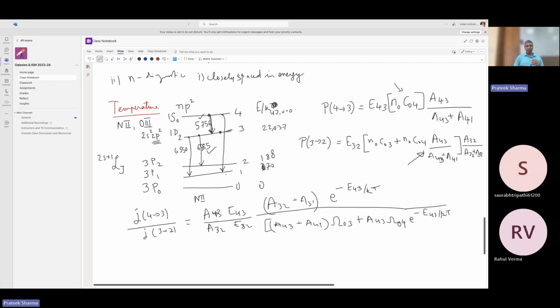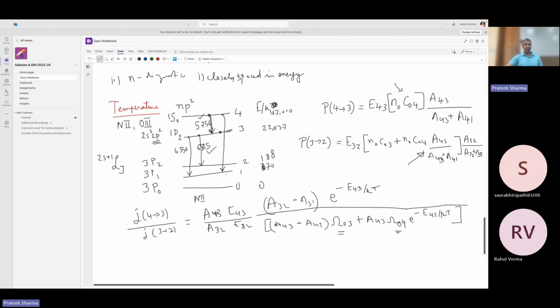We did this a little bit when we were doing collisions and detailed balance. So there's a relation between this and this that involves the Boltzmann factor. But the upshot is now we have this expression for J4 to 3 over J3 to 2 as a function of temperature.